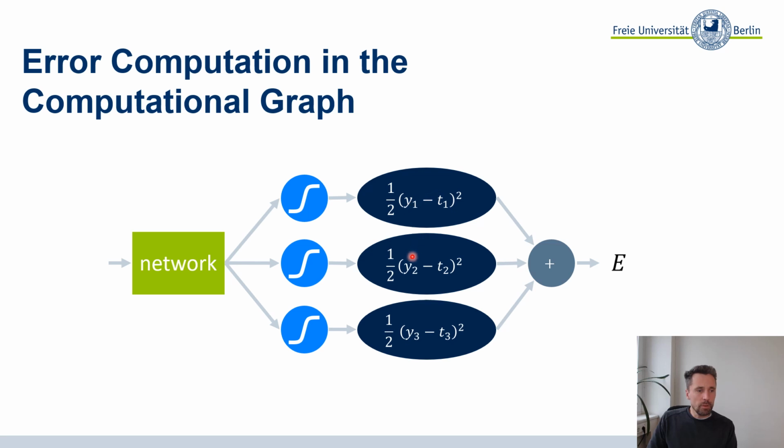And now for each individual output class, we compare this to the output of the network, square this, and for convenience reasons, we multiply it by 1/2. You'll see very, very soon why that is. And then we would be summing up all these results to obtain the total error.